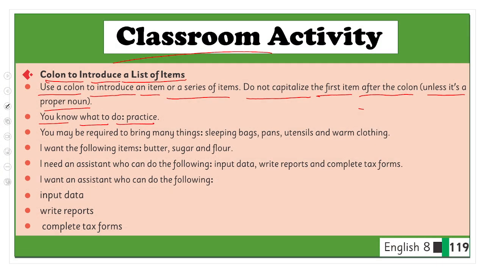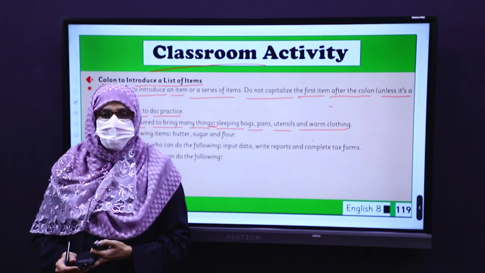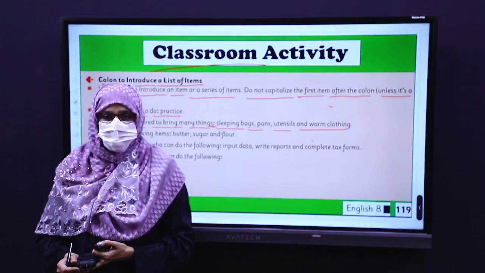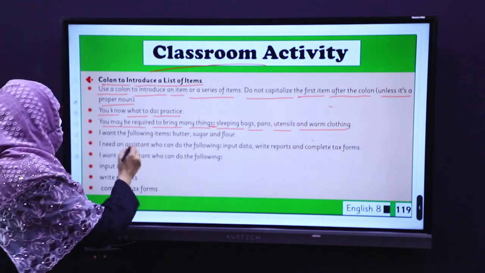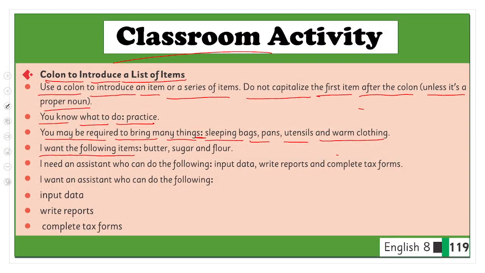Practice. You may be required to bring many things: sleeping bags, pans, utensils, and warm clothing. So, here, what does this colon indicate? It is indicating the different items that are being used. I want the following items: butter, sugar, and flour.